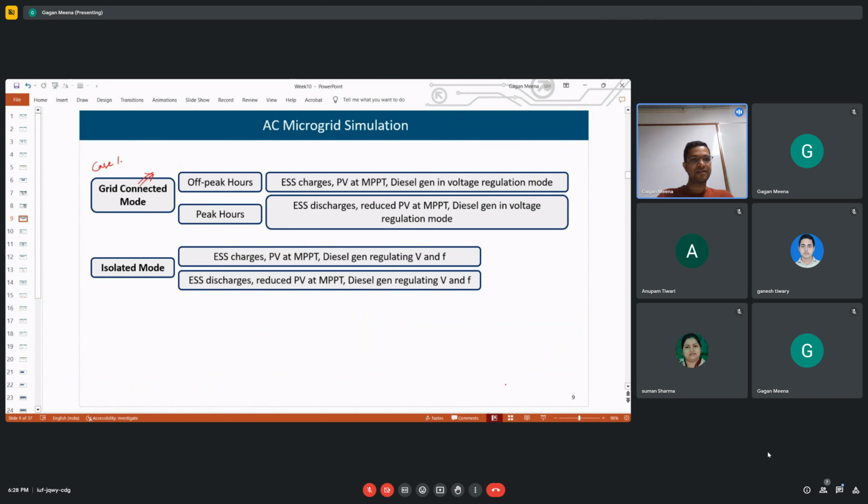Let's say at our home we have 6 kVA installed. Our rated load is 6 kVA, but the entire load is not on at once, and our input supply is three phase.